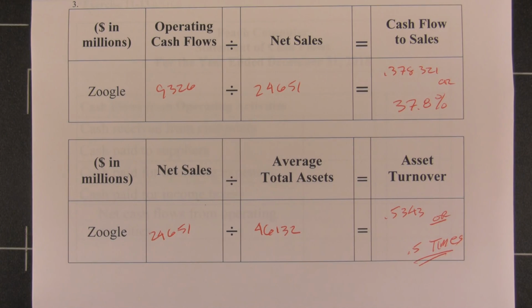This is a turnover ratio, so that says we turn over all of our assets about a half a time per year, or every 2 years we turn over our total asset base.